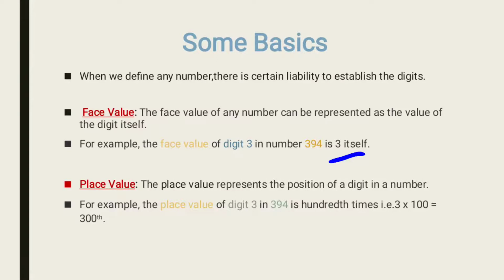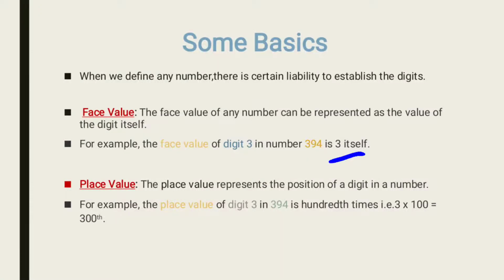Okay, next is place value. What is a place value? This is the value which represents the position of a digit in a number. Means at which position the digit is placed.